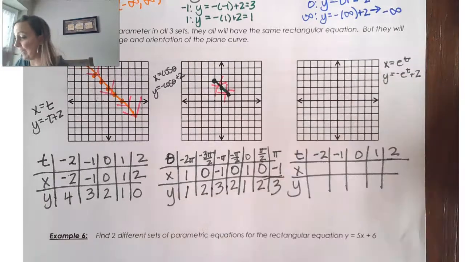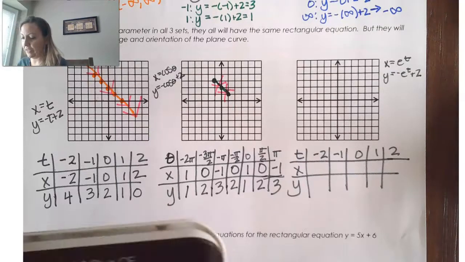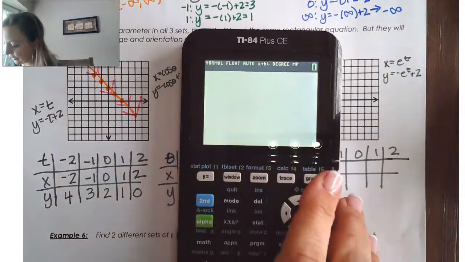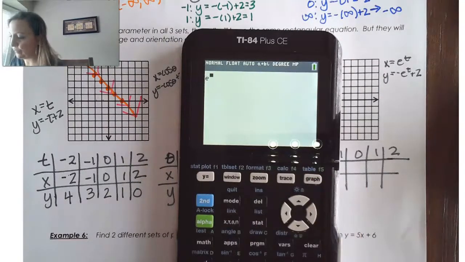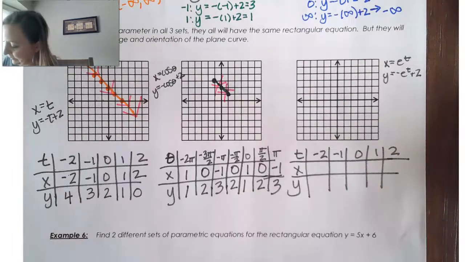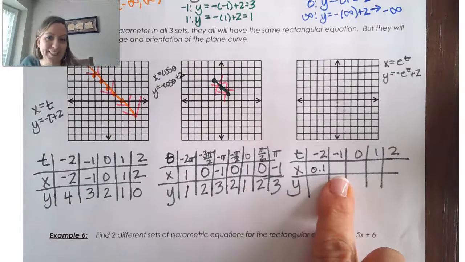So I would just find e to the negative 2 in the calculator. If I took e to the negative 2, notice that I get about 0.1. And then hopefully you guys would trust me for these other ones.